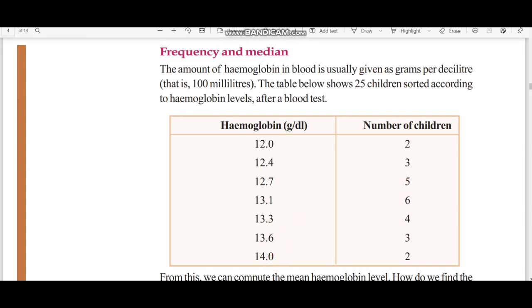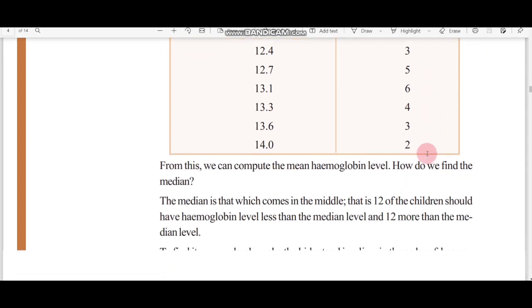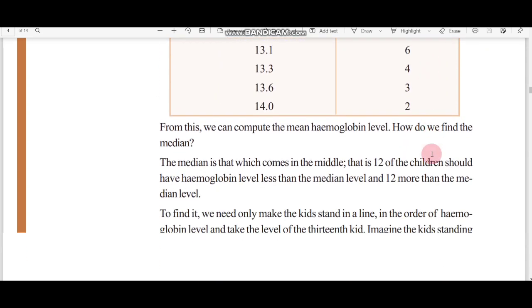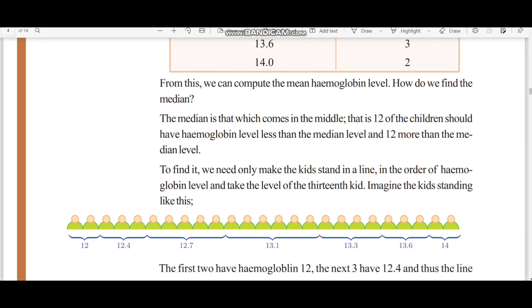Then which hemoglobin level is considered as our median hemoglobin level? See, 2 children have the hemoglobin level of 12.0. So suppose we arrange all the children in a line: the first 2, then the next 3, then the next 5, then the next 6, then the next 4, then the next 3, then the next 2.